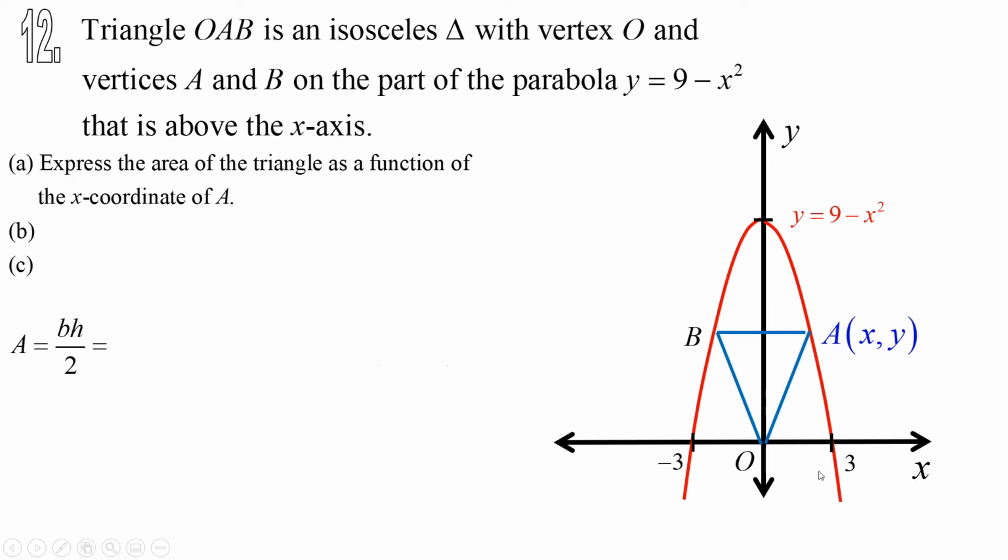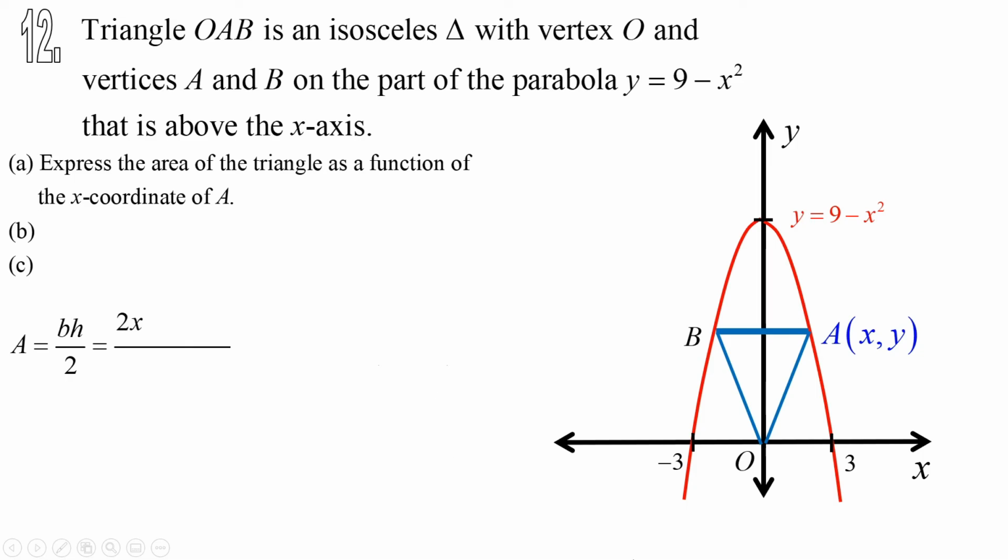The base of this triangle is that segment AB. And I've got to write this all in terms of x, don't I? The x-coordinate of point A. Well, if this is x units, then over here I'd have to have x more units. So isn't this entire base nothing more than 2 x's?